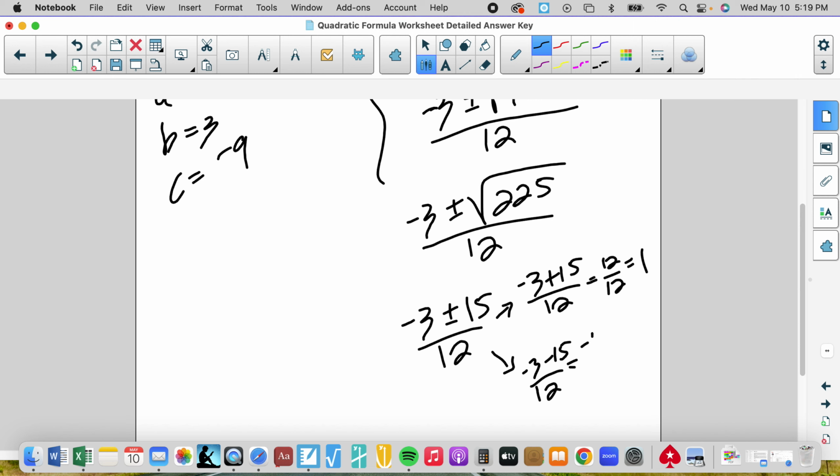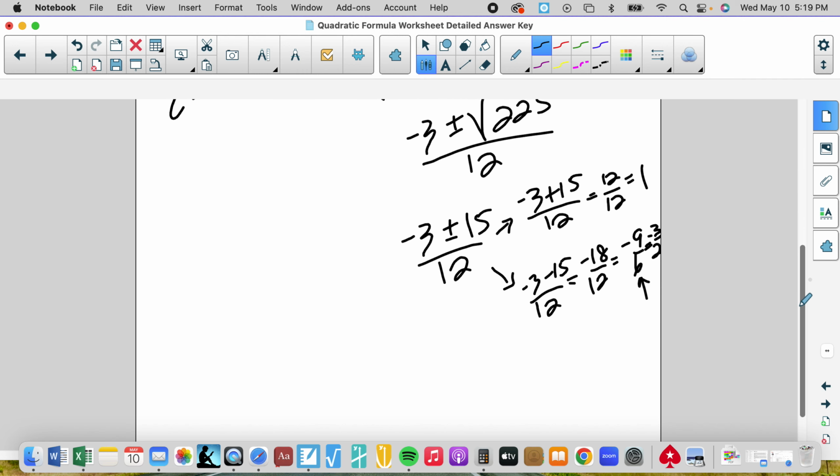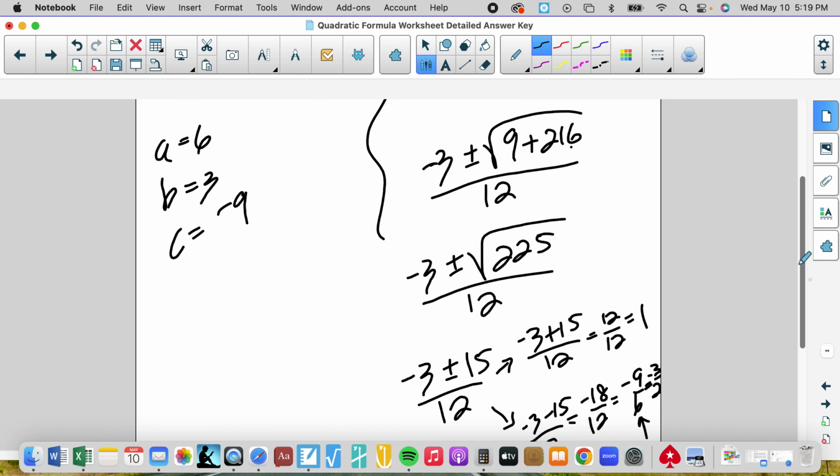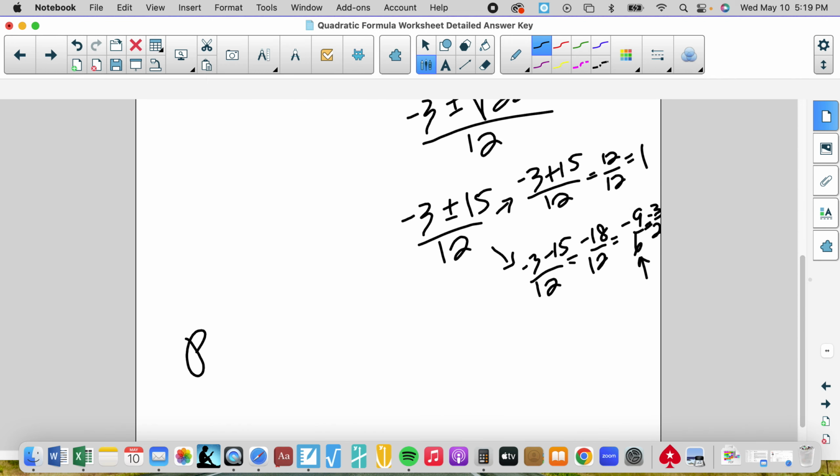Negative 3 minus 15 is negative 18 over 12, which is negative 9/6, which is negative 3/2. Got to reduce. Don't leave it as negative 9/6. Reduce it completely. That's my variable. P equals negative value first, negative 3/2, comma 1.